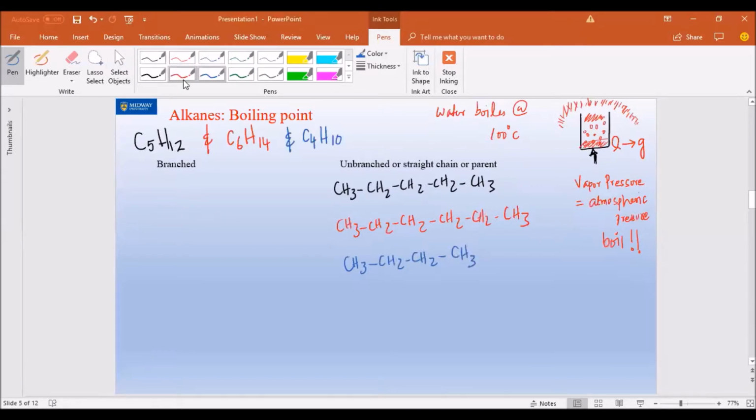Now, I'm just going to pick one random structure. It doesn't have to be what I drew. It could be anything. If you remember, this was one of the structures. Similarly, I'm going to draw one branched structure. I'm just picking the first structure.